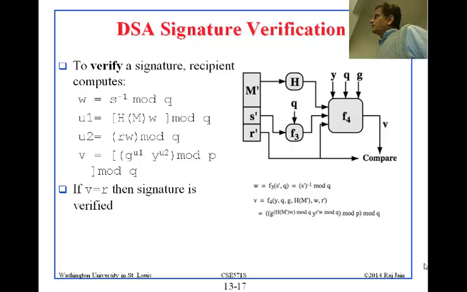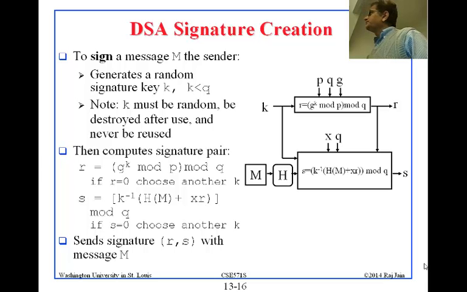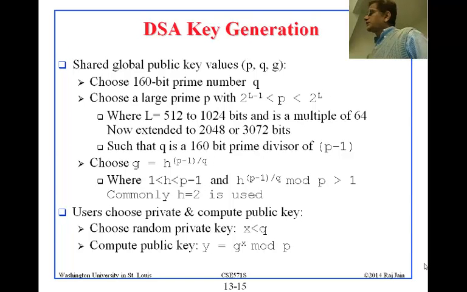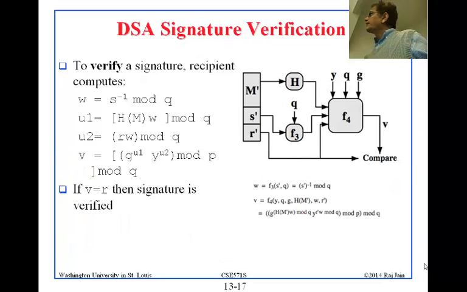So G raised to little m W, and Y is G raised to X. So you have G raised to X raised to r W. So now you have G raised to m W plus G raised to X r W. So m W plus X r W, and that is equal to V.